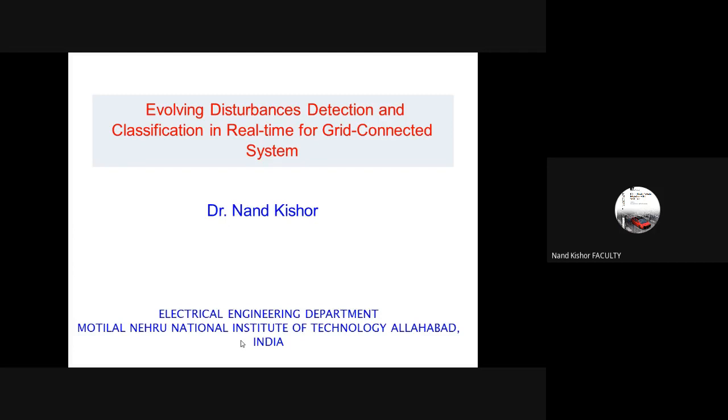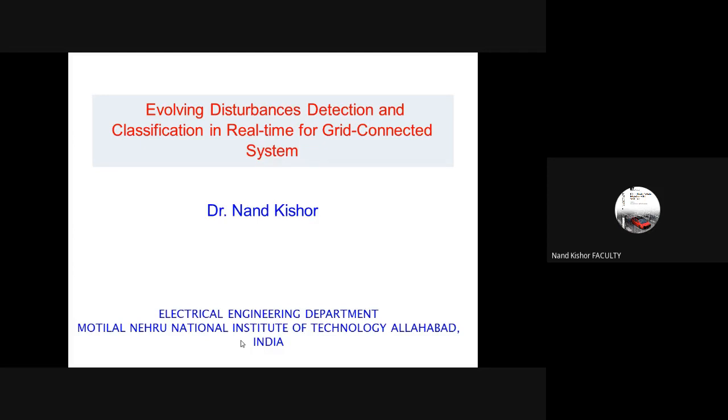So we had the DST project, and then we had some critical study related to the islanding and power quality in the renewable systems. With that DST sponsored project, we had the hardware setup available in the lab, and we developed some signal processing tools or the machine learning tools.